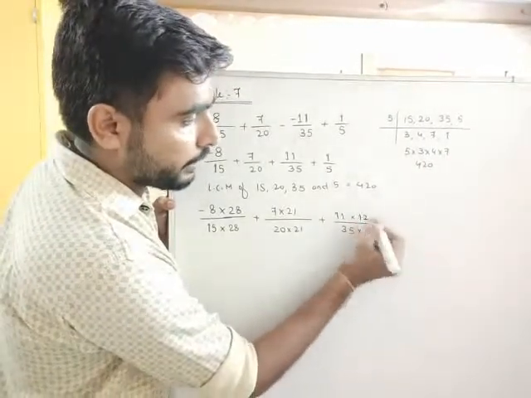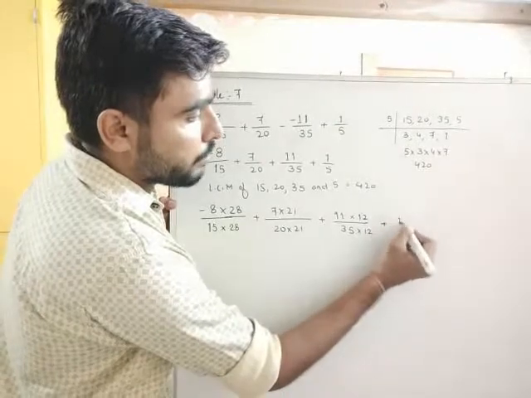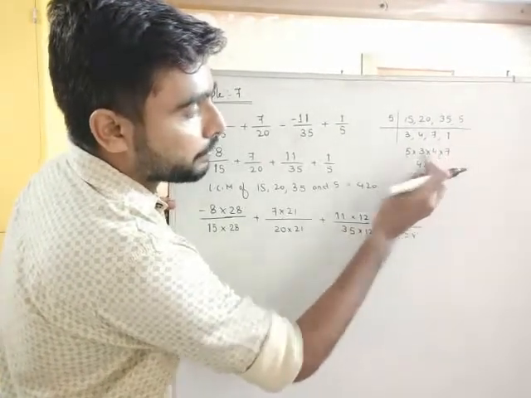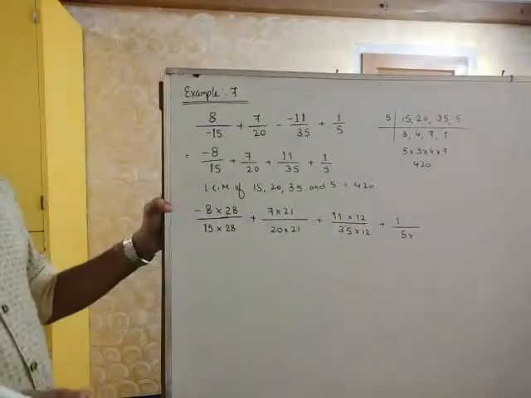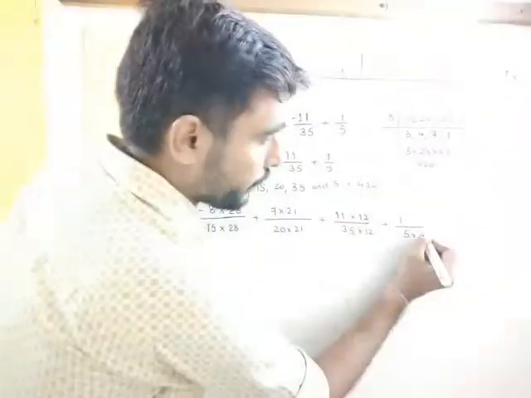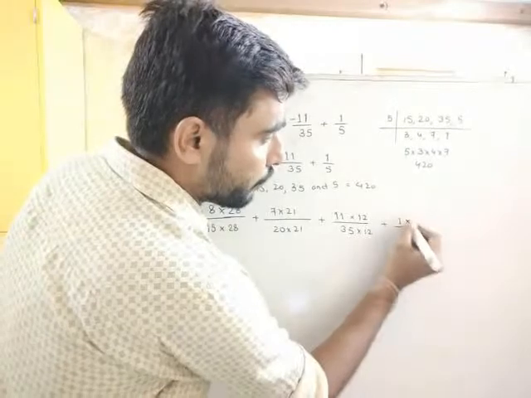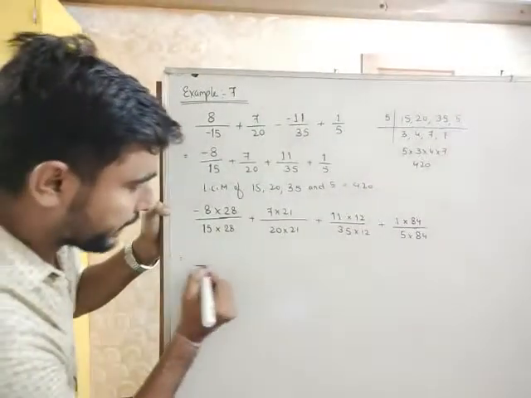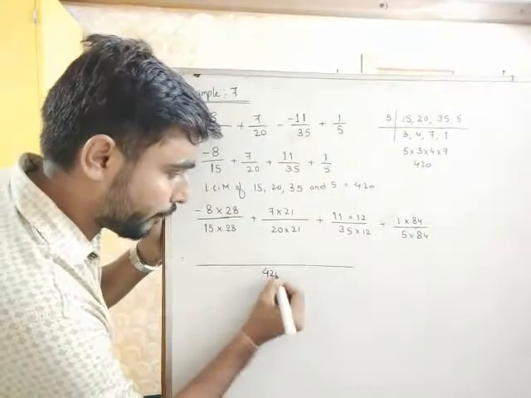So 11 into 12, plus 1 by 5. 5 into 84 is 420, so it will be 1 into 84. Now LCM is 420.